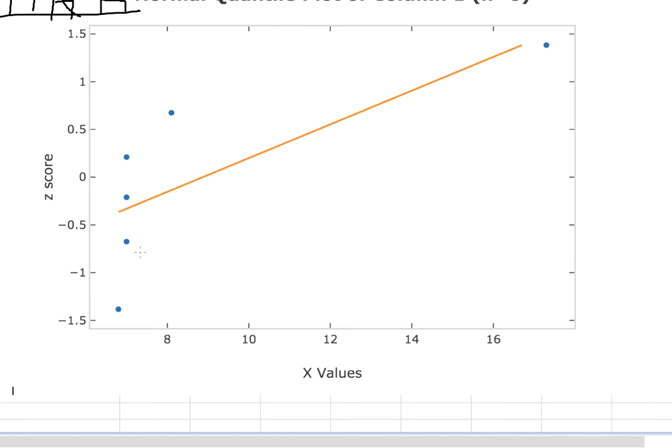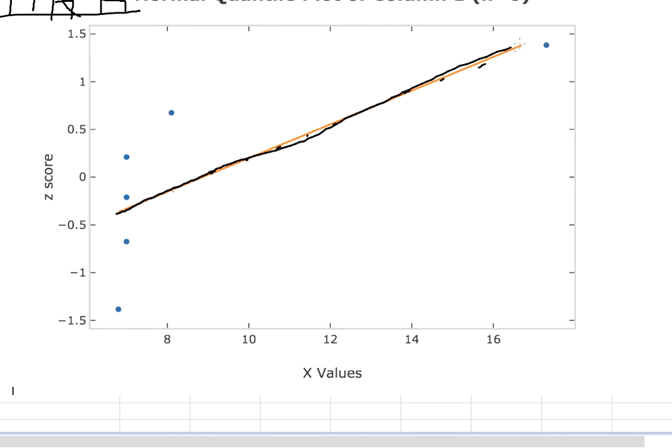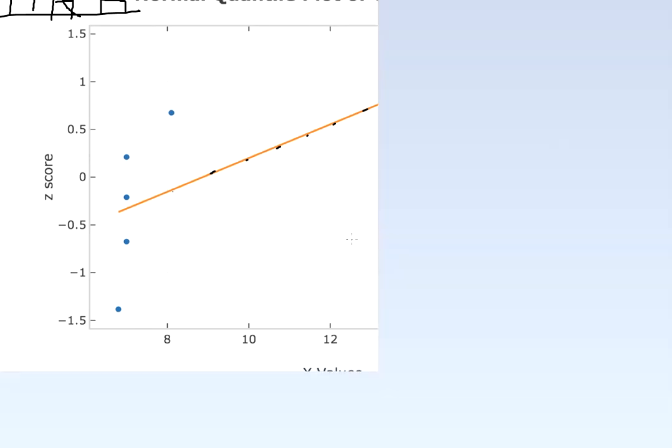If it was perfectly normally distributed, then the x values and the z-scores should all fit on this dotted line. Okay? Since this doesn't fit a perfect straight dotted line, primarily because of that outlier, that means it's not normally distributed. Because if it was, in a QQ plot, it would land in this line going up. So this indicates it is not normally distributed.